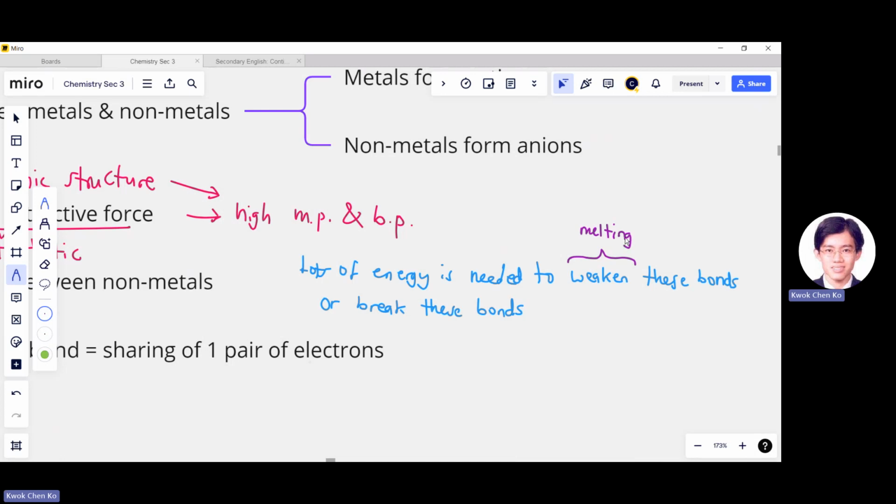You don't totally break the bonds for melting, because the liquid still has the bonds there. But if you want to boil it, then you need to break all the bonds, and obviously it's going to need lots of energy. So just add this in case you're ever asked why they have high melting and boiling points.